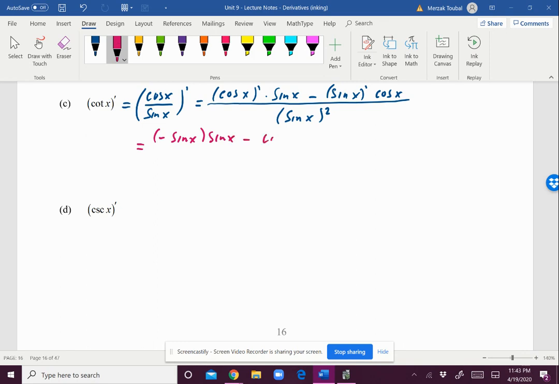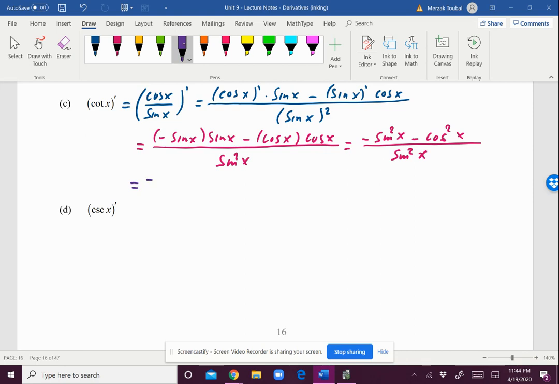Derivative of sine is cosine times cosine, all divided by sine squared. Now, negative sine times sine, that's negative sine squared x. Negative cosine times cosine, negative cosine squared x, all divided by sine squared x.